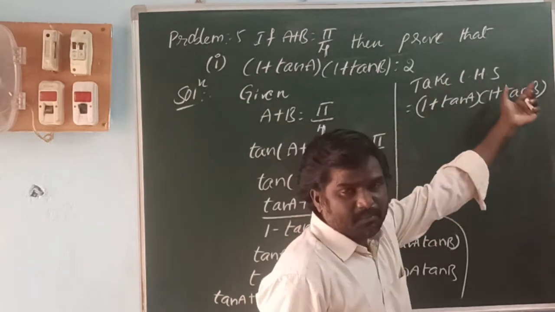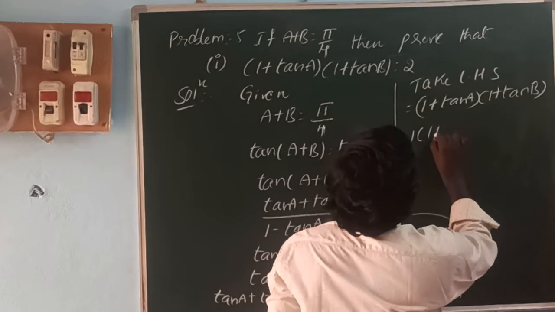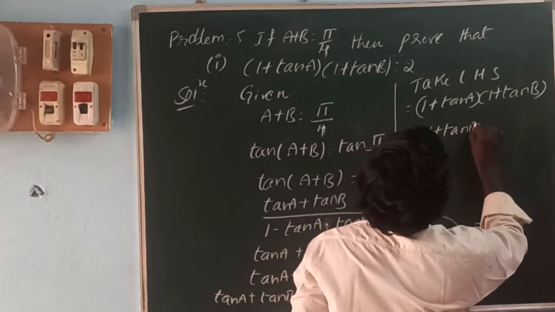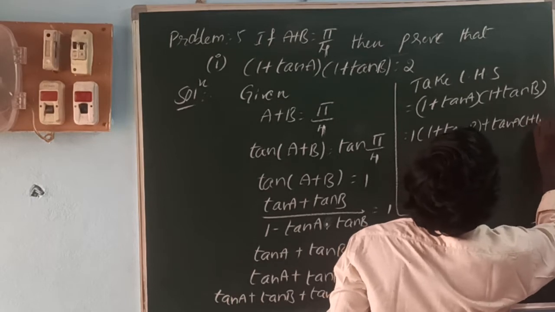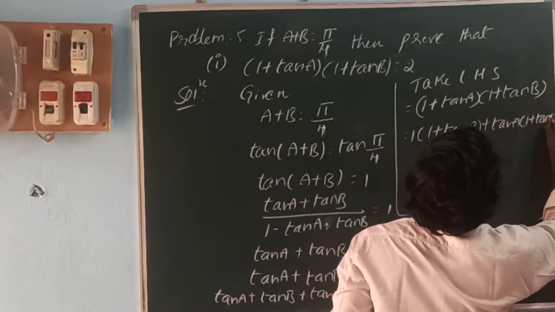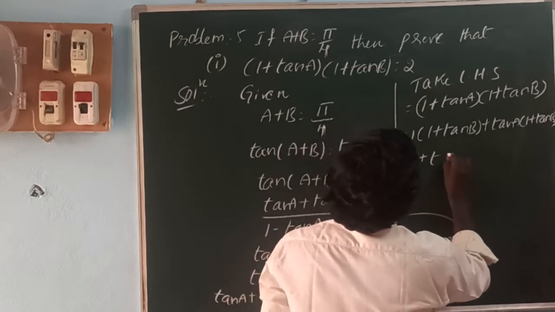All the terms of the first expression are multiplied with the second expression. That is 1 of (1 plus tan b) plus tan a of (1 plus tan b). So 1 multiplied with anything gives the same. That is 1 into 1, 1, plus 1 into tan b, tan b.